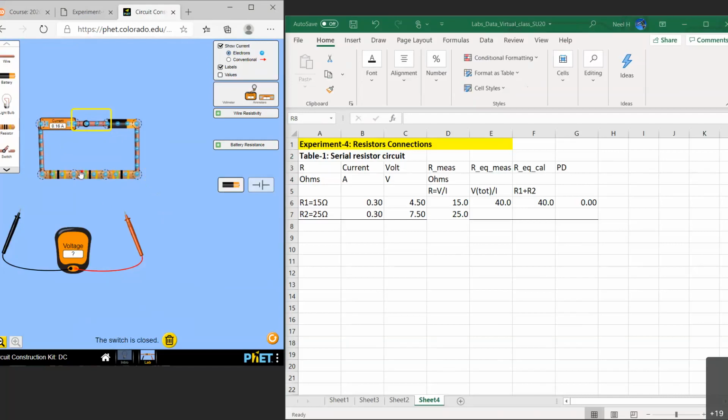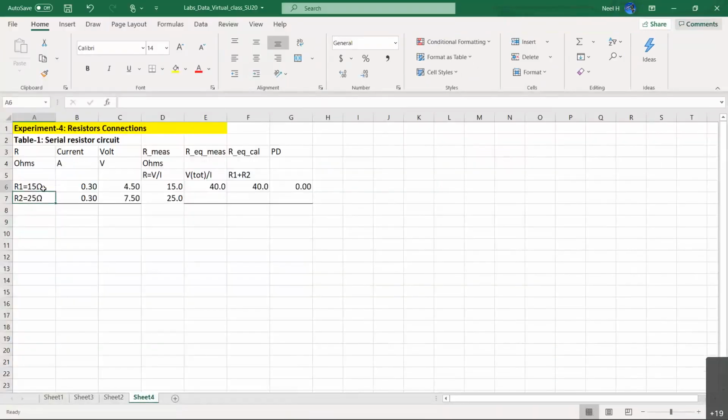But since it is a simulator, those safety precautions don't matter. Okay, now for the second case, we have 3 resistances, right? The first 2 are the same, but I need the third one, R3, which is now 35. This ohm symbol you can copy paste here, okay, as needed. Then we have to measure again.